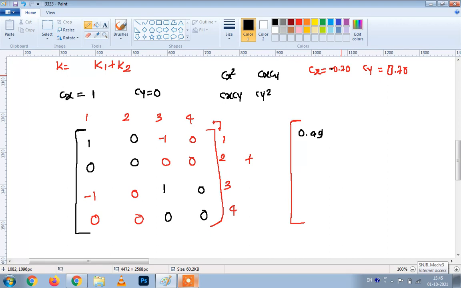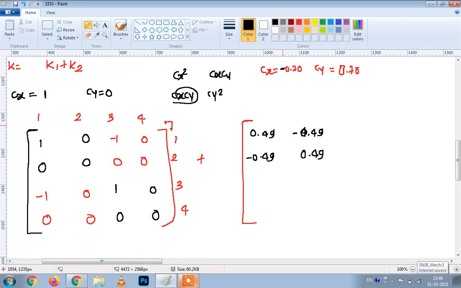So 0.70 into 0.70 will also be 0.49, but as there is a minus sign, it will become minus 0.49. Similarly Cxcy, we need this value, so it will be minus 0.49, and Cy square, which is nothing but 0.70 square, is 0.49. Now we just have to repeat these values as they are.